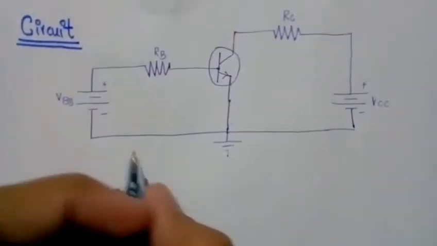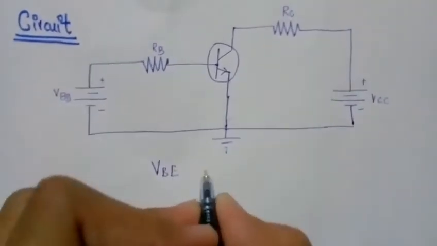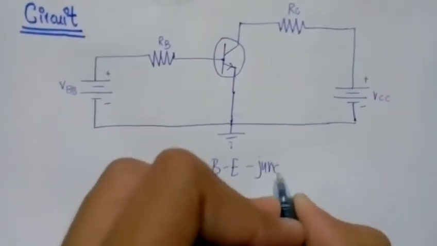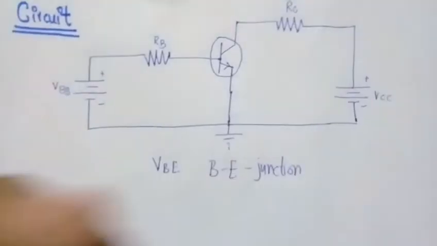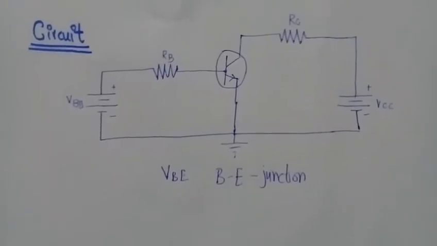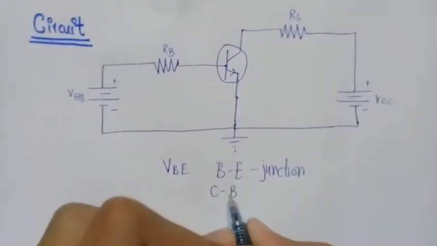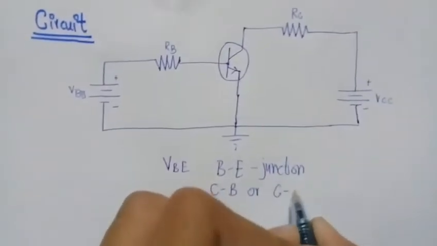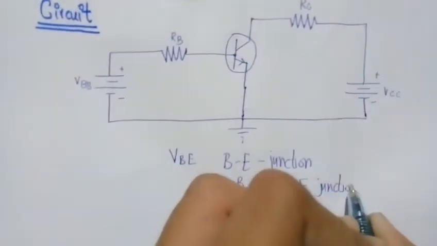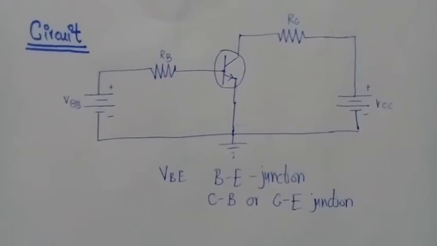Always, the loop where the base emitter junction of the transistor is present is called the input loop of the transistor, and where the collector base junction or collector emitter junction is present, that loop is called the output loop of the transistor.